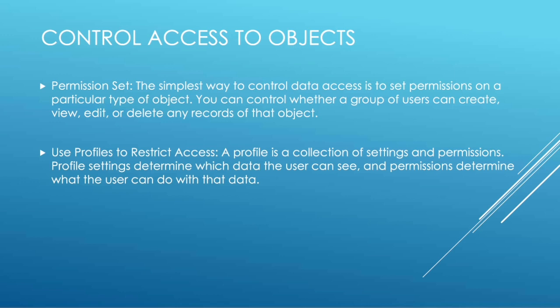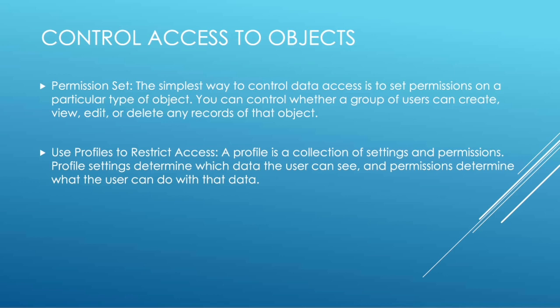So you can give a basic profile to a user, and then on top of that you can add a permission set. So minimum permissions and settings, then you can provide a particular type of permission set to grant more permission as needed. The combination of profile and permission sets gives you a great deal of flexibility.